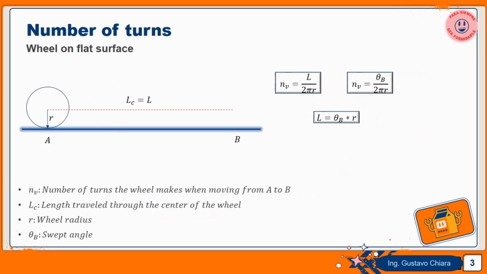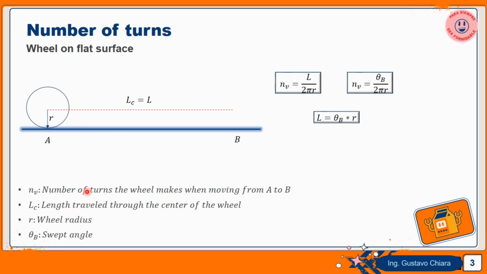In that case, we find a wheel on a flat surface. In the picture, we can see the initial point and the end point. N is the number of turns. The letter L is the length traveled through the center of the wheel, obviously on a flat surface. R is the wheel radius, and theta is the swept angle.